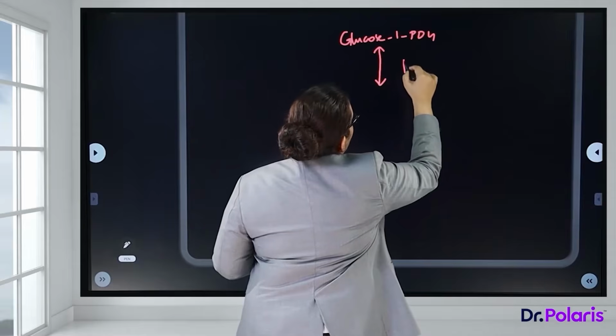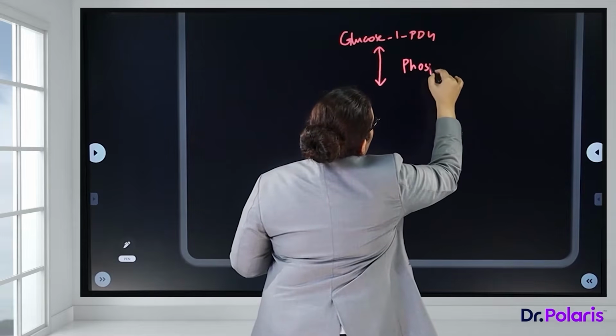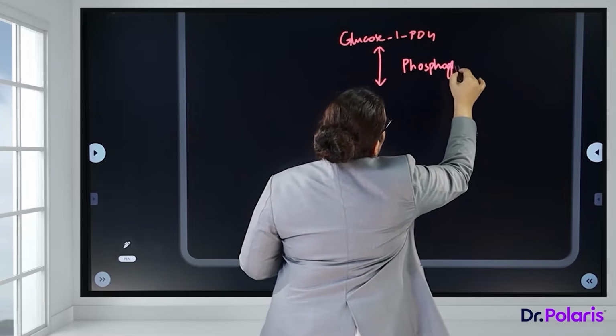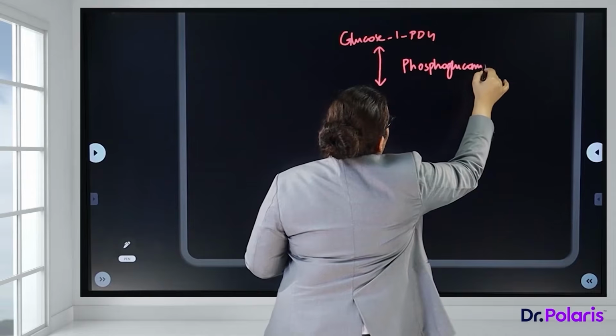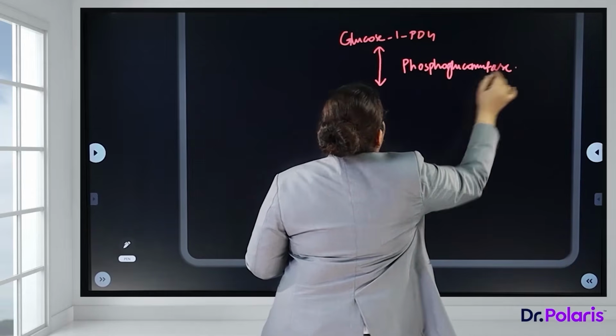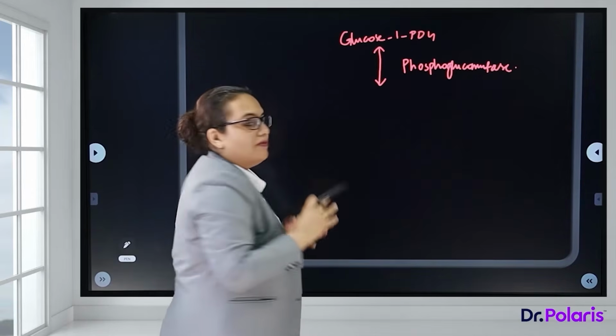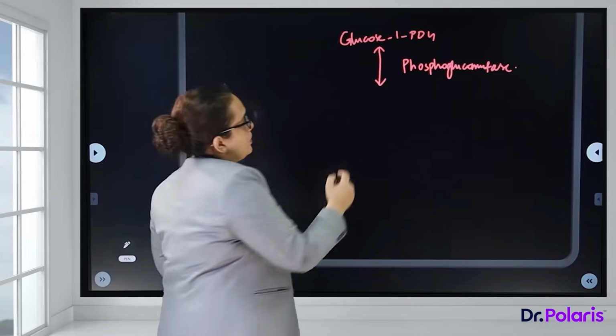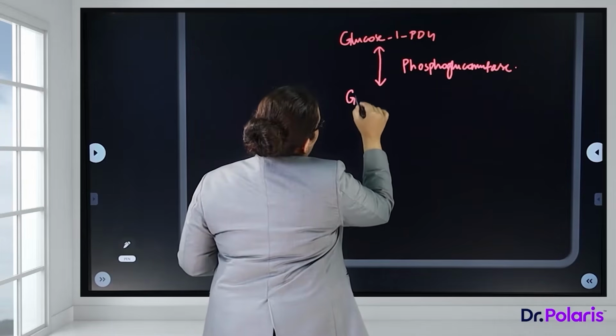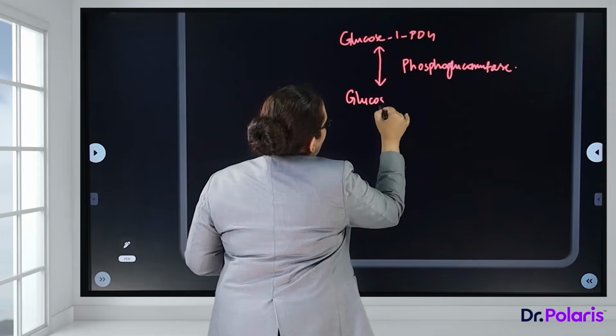This is a reversible reaction catalyzed by phosphoglucomutase. So the phosphate which was attached to the first carbon atom is now simply shifted to the 6th carbon atom, leading to the formation of glucose 6-phosphate.